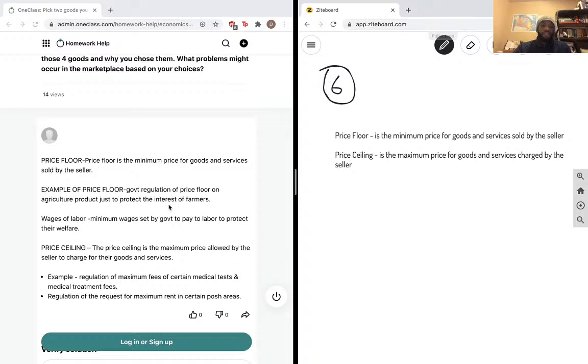Look at wages of labor. If the minimum wage is a little too high, employers might fire some people, or they might only be able to hire a certain amount of people than if the wages were lower.